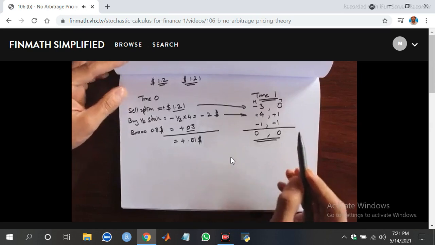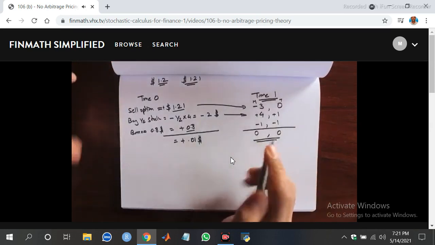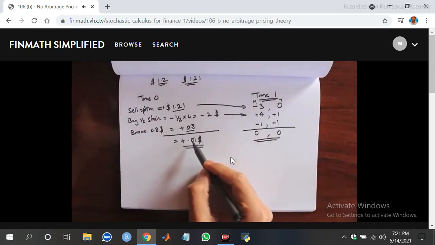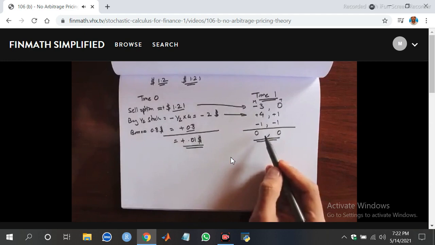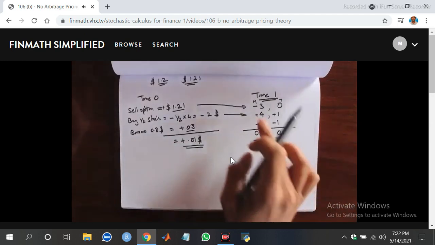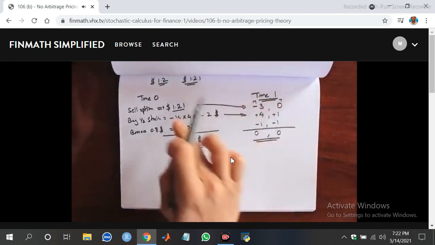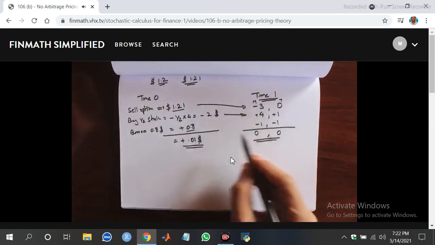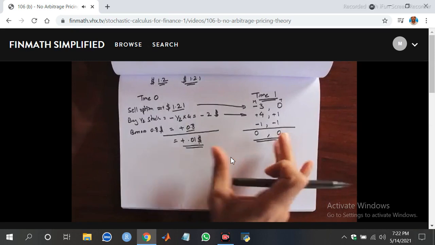So you can see what's happening. At time 0, I had a net positive cash flow of 1 cent, but at a future time I had no liability. If I toss a head or a tail using this strategy, I will not make a loss. This is exactly what arbitrage is.